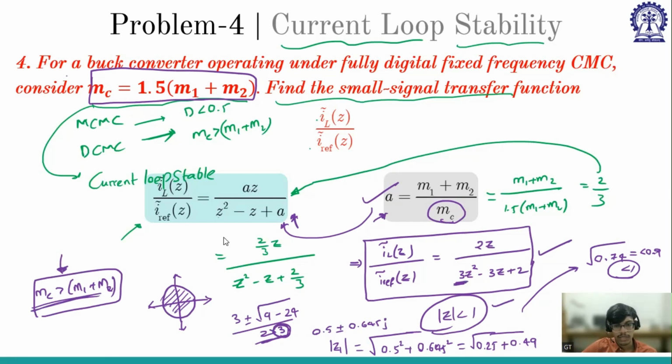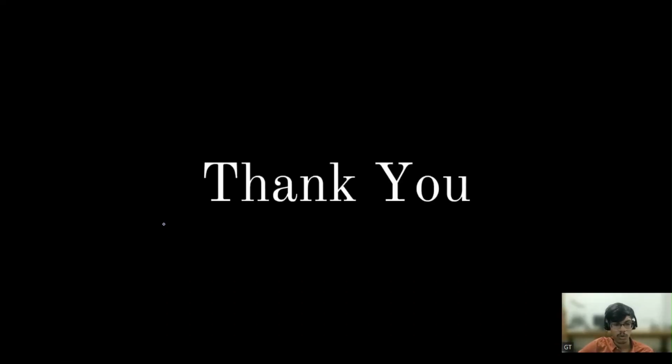Okay, then with that, we will conclude this session today. By tomorrow, I'll upload. We have discussed the small signal closed loop diagram, how to solve it in the S domain, and how to solve it in the Z domain. Then we discussed the current loop stability of mixed signal current mode control and fully digital current mode control, and I showed the fully digital current mode control MATLAB simulation. Then we went into the large signal discrete time model, and I showed the validation using MATLAB. Then we went into the small signal DT model using approach 1, which is the phi gamma method, and approach 2, the Jacobian method.